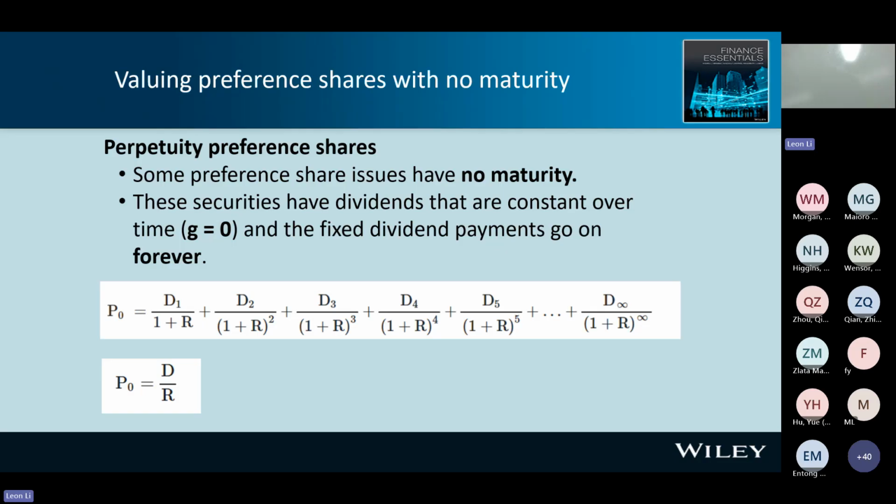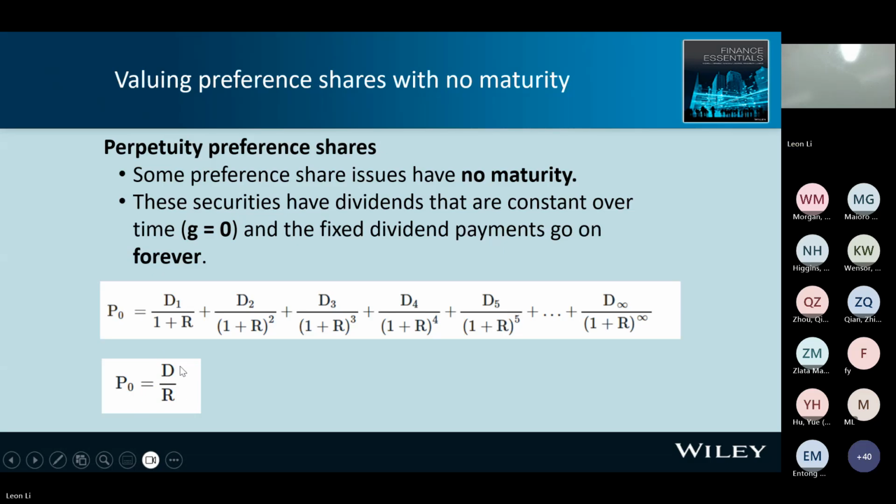But the dividend payment to preference share is an obligation to the company, and it should be a constant, right? But the company can decide whether they want to issue a preference share with maturity or with no maturity. So this is the preference share with no maturity. Dividend is a constant, so we have the result of perpetuity.